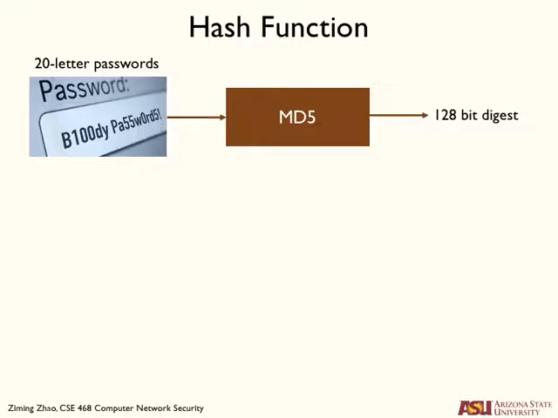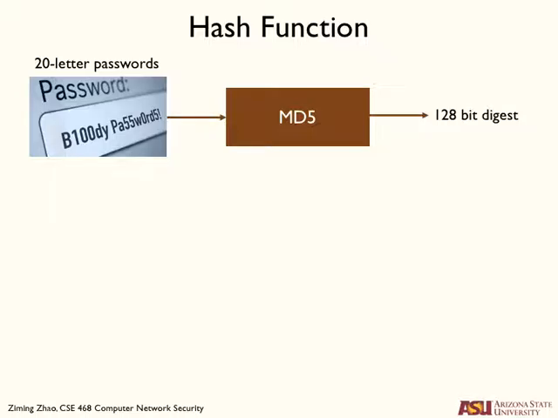We said that no matter how long your input is, the output is always the same. So if you have a 20-letter password to log in to ASU's website, ASU may choose to hash it with MD5 because ASU does not want to store the password in plain text or even in ciphertext.